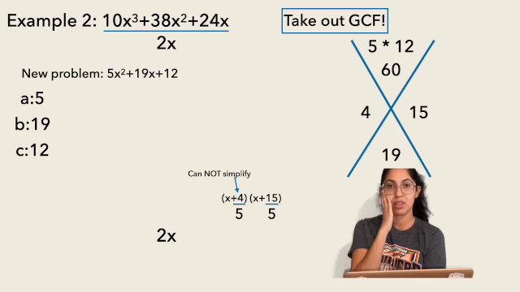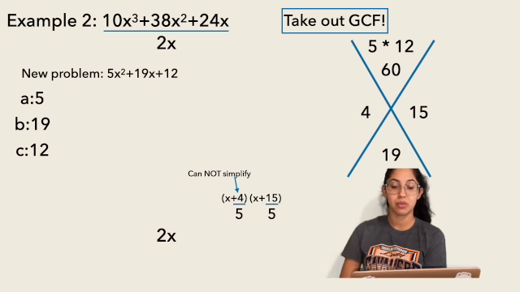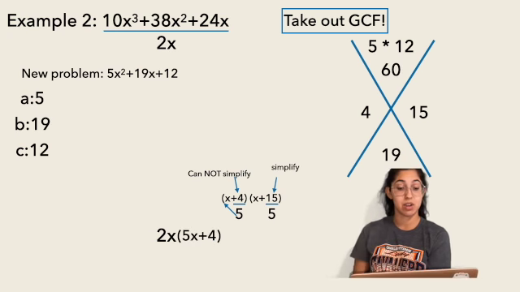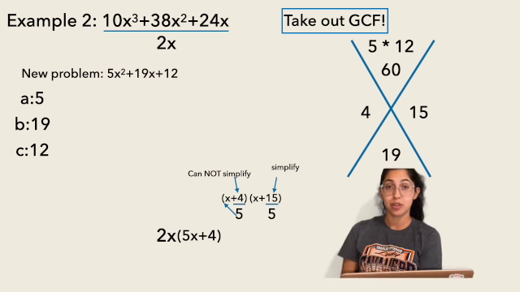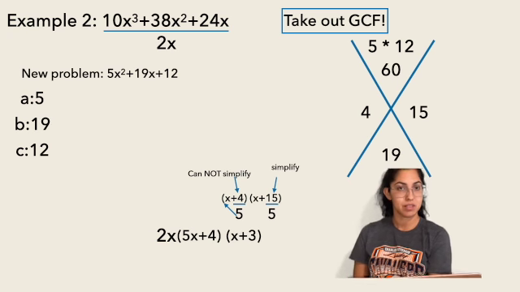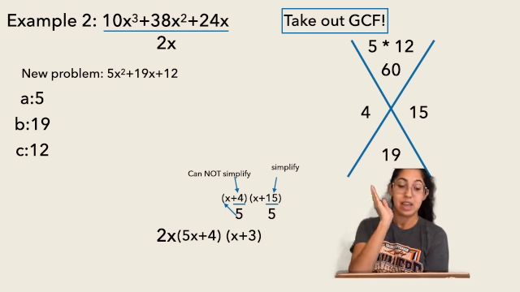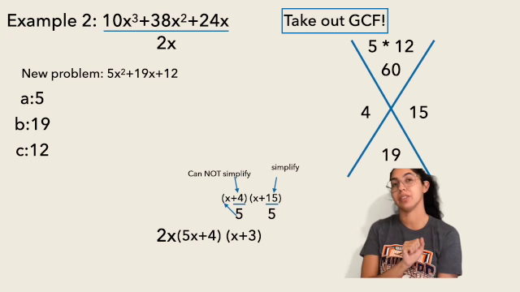It can't stay with the 4, so it's going to need to move up with the x. And then this side, I can simplify 15 by 5. It's 3. So I have 5x plus 4, and then x plus 3. And remember that 2x goes all the way out front, and that whole thing is my answer.